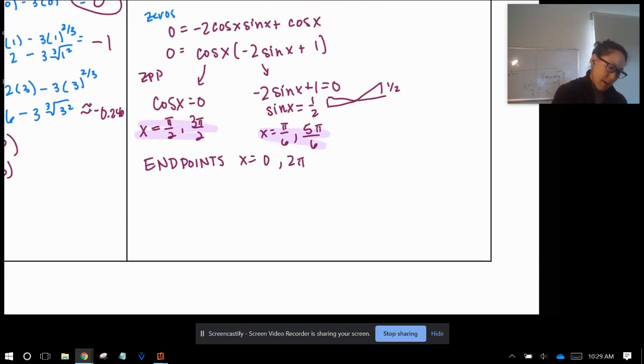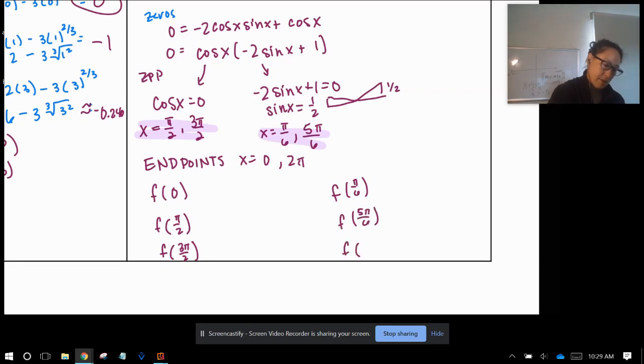All right, so we have f of 0, f of pi over 2, f of 3 pi over 2, f of pi over 6, f of 5 pi over 6, and f of 2 pi.